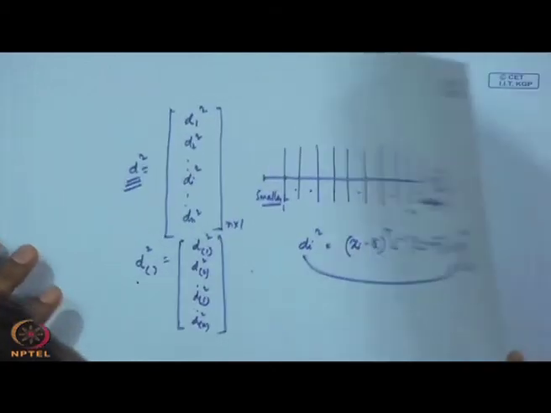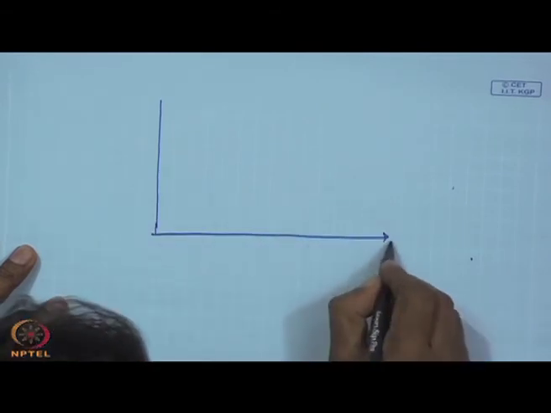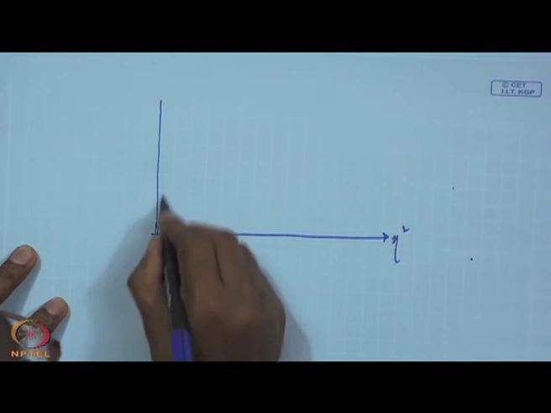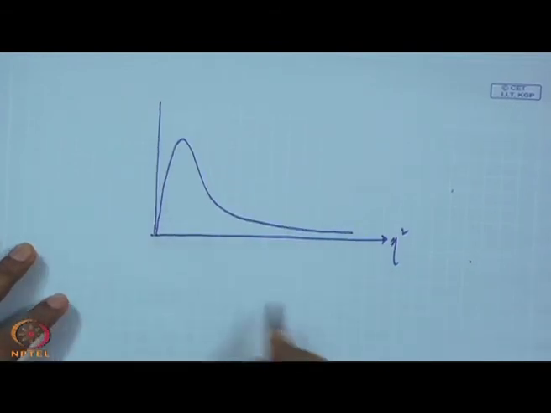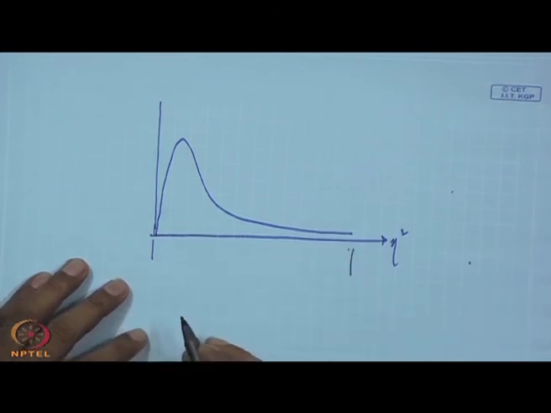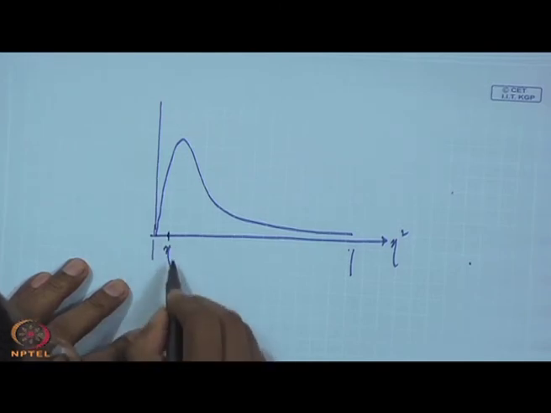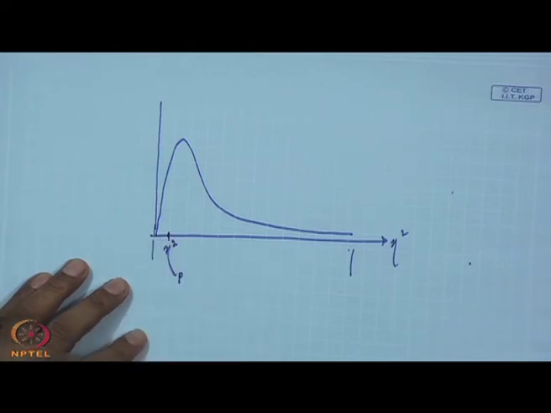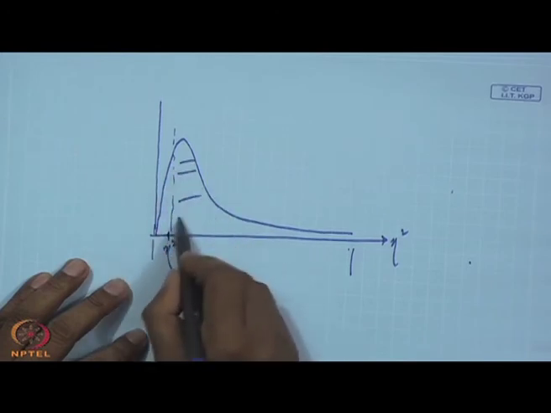This is nothing difficult. Suppose this is my chi-square distribution, for example, like this. You know the lowest value and the largest value from the data set. What is this chi-square value? If I want to know this chi-square p value, you require to know the probability on the right hand side.